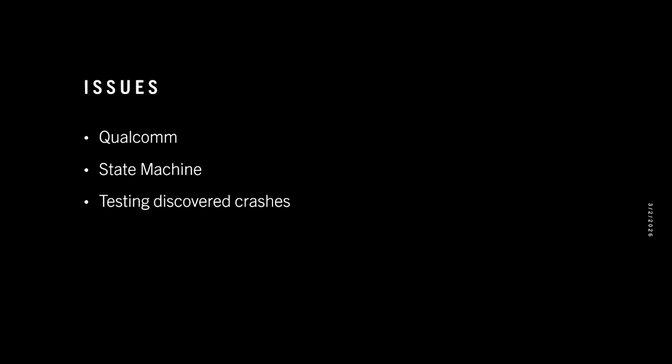So now we move on to some of the issues that the authors found. I mentioned one of them earlier, Qualcomm. Qualcomm, despite being the largest baseband processor vendor, was not included in this. This was because Qualcomm uses its own ISA, Hexagon.